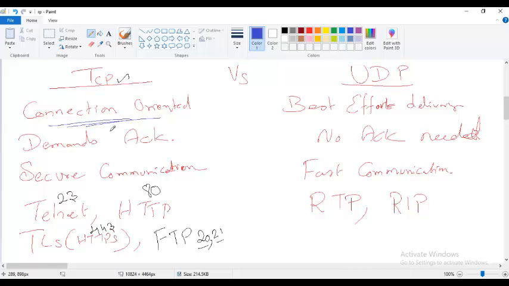UDP will never check. UDP is like I call someone, I didn't even say hello. As soon as someone picks the call, I keep talking, like the automated messages you used to get on a cell phone. Sometimes we think someone is calling, but when you pick the call, you don't even say hello, and someone is already talking in Hindi.